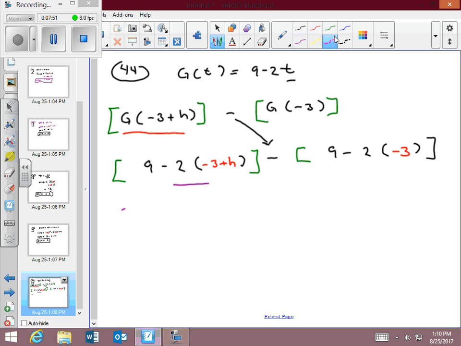Look at this. So back up here, this is going to be 9, and I run that minus 2 through there, so that's a plus 6 minus 2h. And that's a minus.